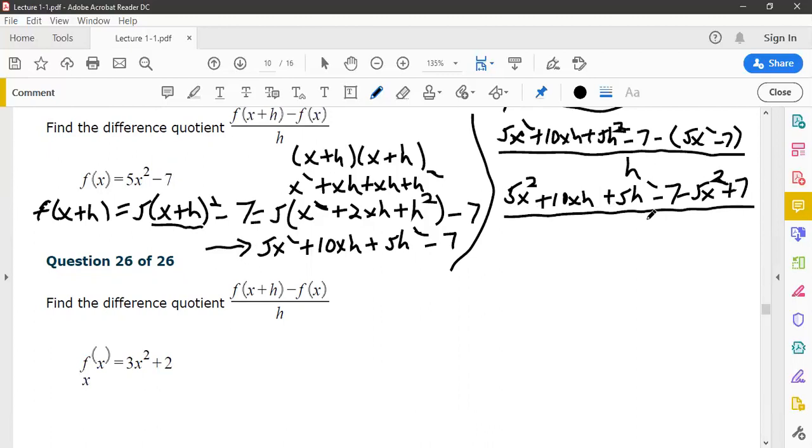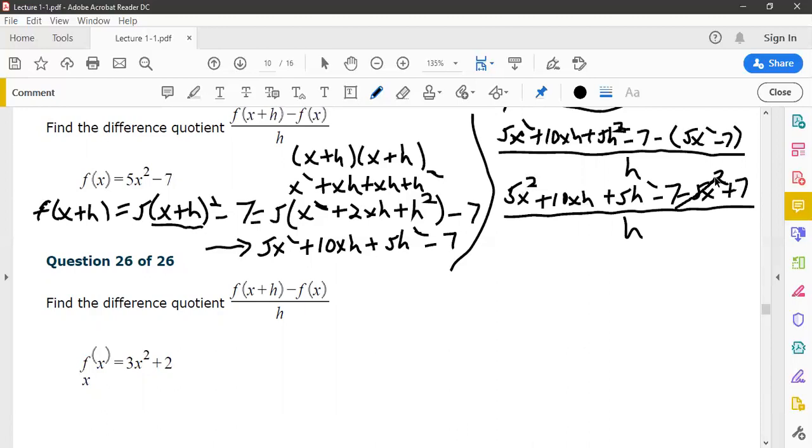all over h. So remember, on the right-hand side here, that minus sign is going to change both. So this changes from a 5x squared to a minus 5x squared, from a minus 7 to a plus 7. Now keep in mind again what I said, that at this next step, whatever doesn't have an h should be eliminated. So here's a 5x squared.